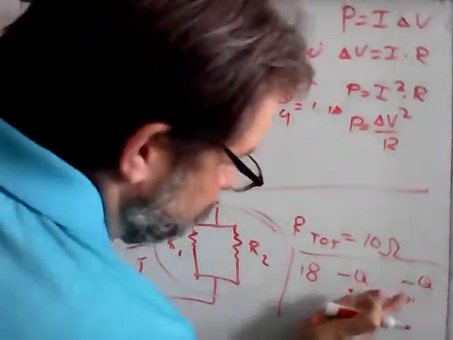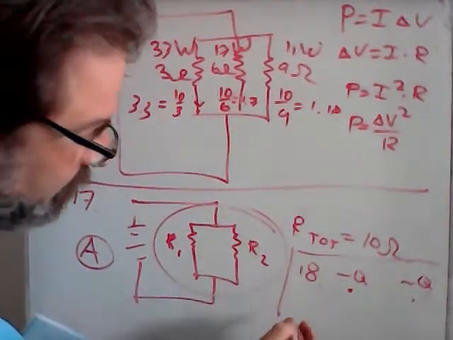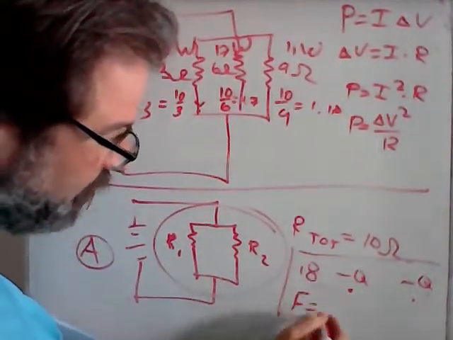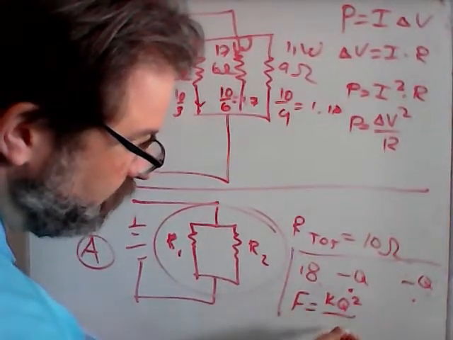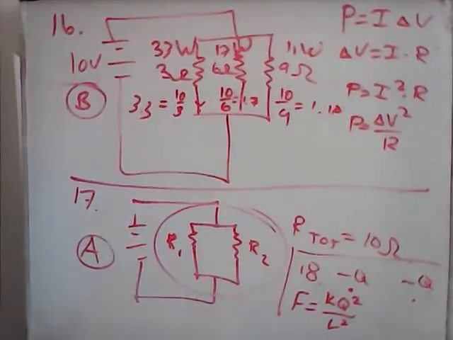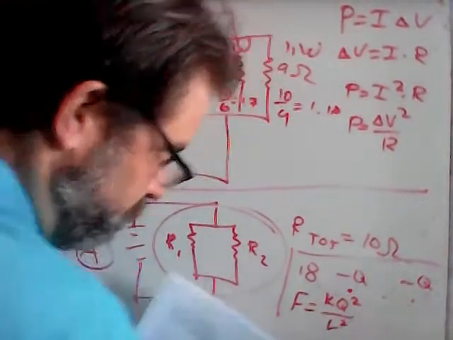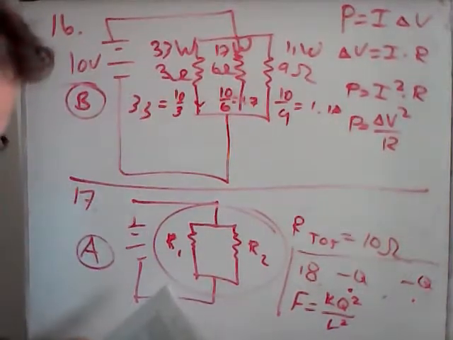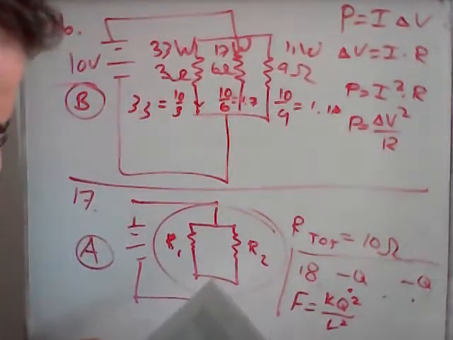Okay, all right. So F is equal to KQ squared over L squared. Now they put a little charge in here, and it's going to be plus q.